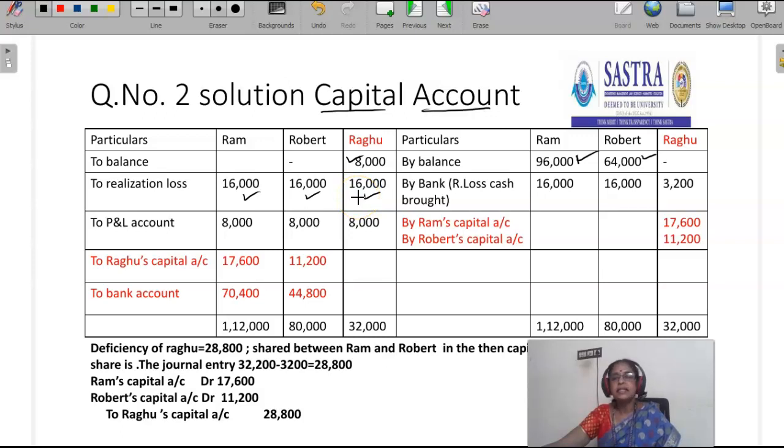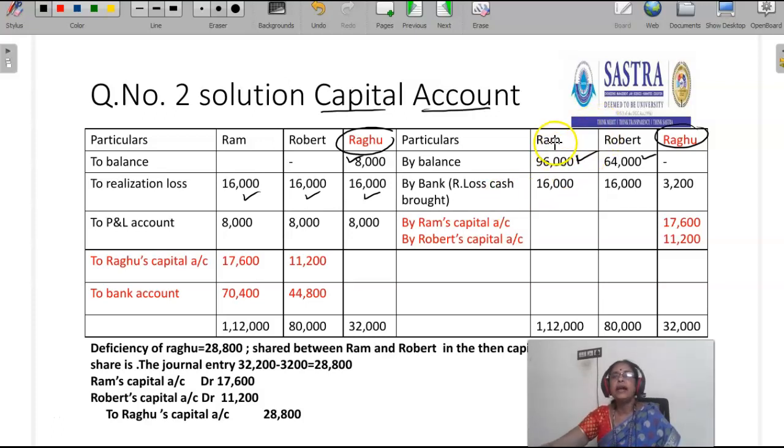Then the next concept is, because Raghu becomes insolvent, we are going to apply the Garner versus Murray rule. According to the Garner versus Murray rule, the solvent partners should bring cash equivalent to their share of realization loss.